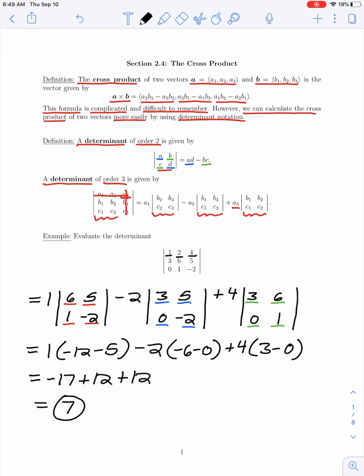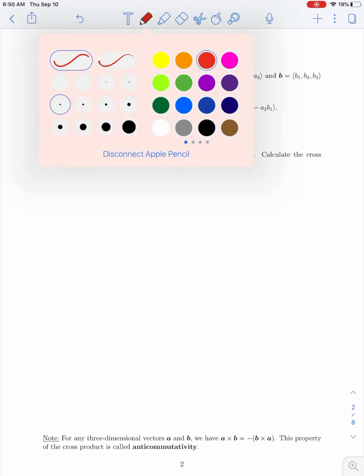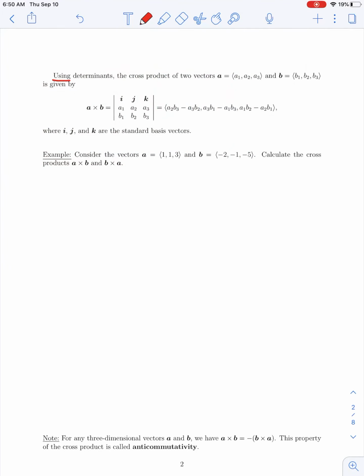So now that we've introduced the concept of the determinant of a 2 by 2 or a 3 by 3 matrix, let's think about how we can use that determinant to define the cross product of two vectors a little more easily. So here, making use of determinants, we can define the cross product of the vectors A and B, whose components are known, as follows.